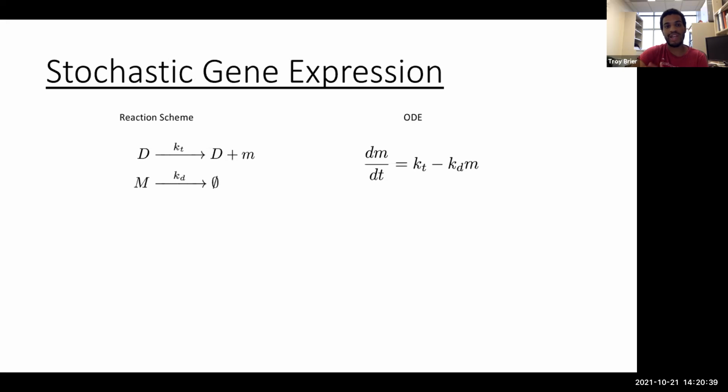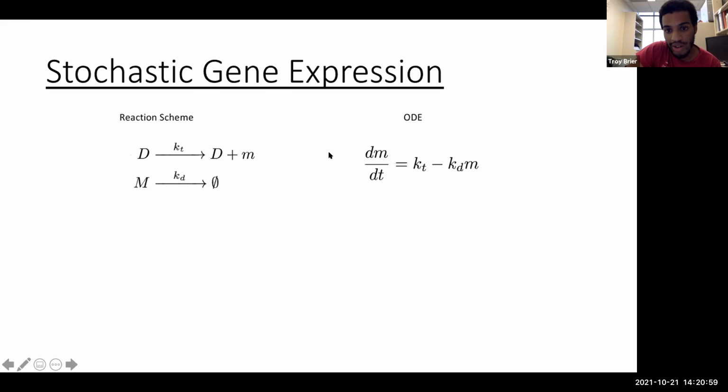And so here's an example of a small stochastic gene expression network done through the CME. Here's your basic reaction scheme where you have some gene that is able to transcribe messenger M at some rate, and then that messenger can decay. So a very simple schematic. What I have here is the ODE version of it.